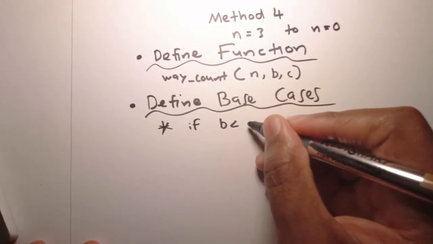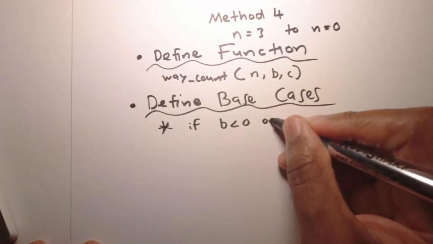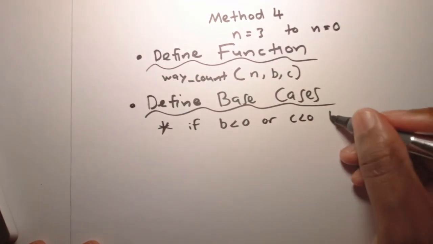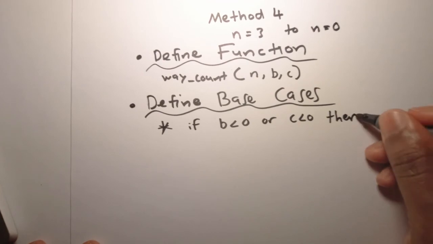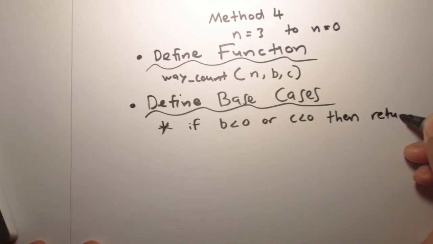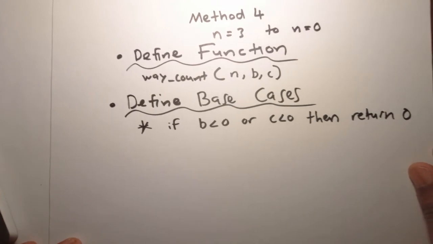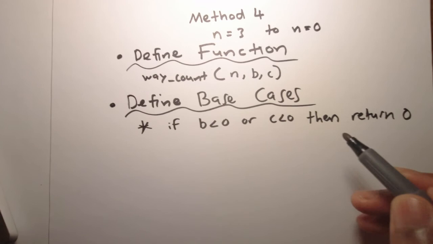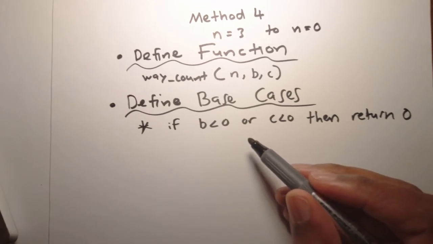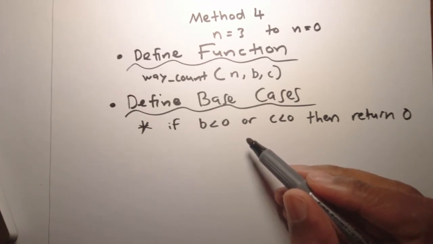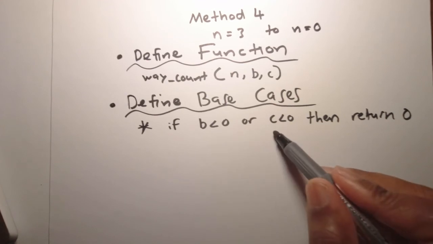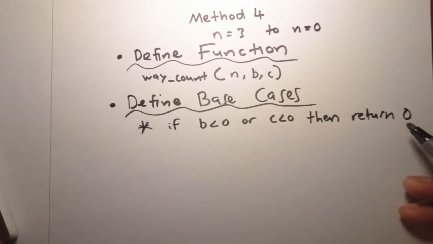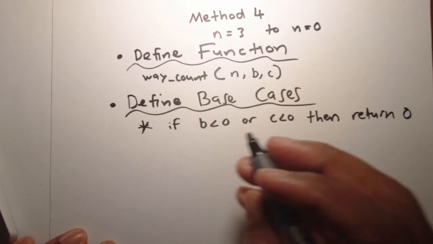So if B is less than 0 or C is less than 0, then return 0. The reason we return 0 in this situation is because this represents an impossible solution, meaning that it's invalid to have B or C being negative. We can't have that as a solution, therefore we return 0.